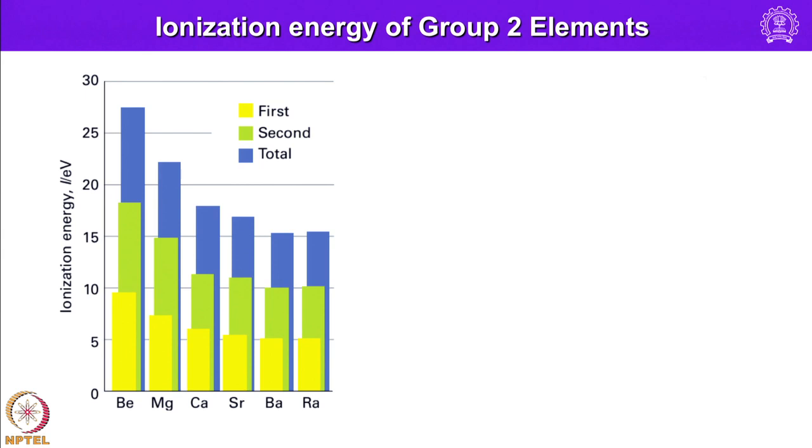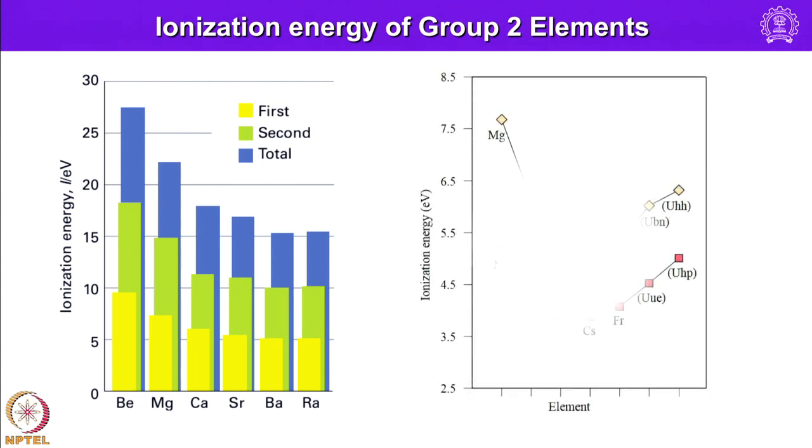Now, you can see here the ionization energy of group 2 elements. For example, you can see the first ionization energy is much higher, and the second ionization energy is shown here, and overall the ionization energy of all alkaline earth metals is shown in this plot.